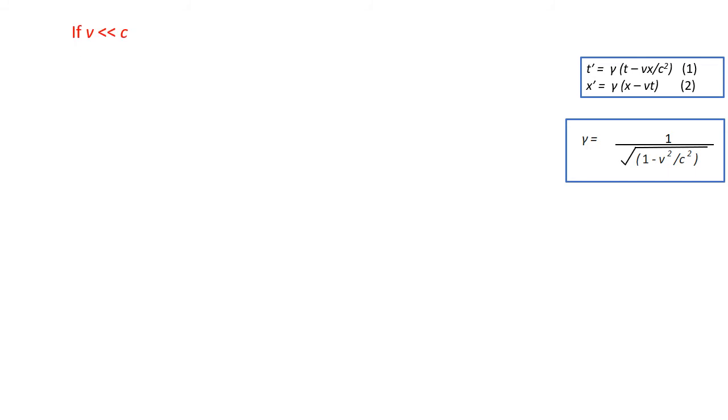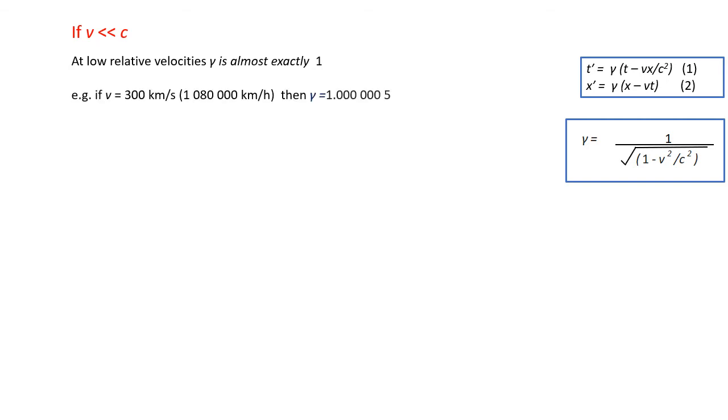At low relative velocities, gamma is almost exactly 1. So if we have a velocity of 300 kilometers a second, that's over 1,000,000 kilometers an hour, then gamma is equal to 1.0000005. And if velocity is 300 meters a second, roughly the speed of sound, then gamma is incredibly close to 1.